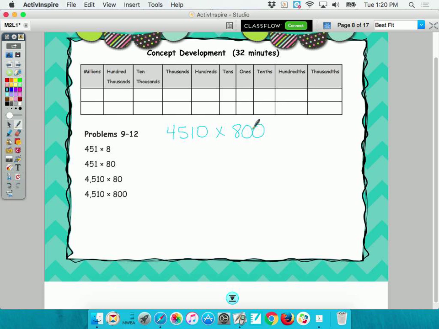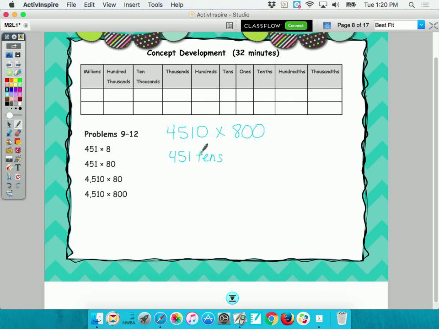Now my goal here is to get all my zeros on one side of the problem and all the other digits on the other side of the problem. And the strategy that I'm teaching you is the best one to use for that. Move them around. Okay, so do you remember what this was in unit form? We just did it a minute ago. 451 tens.